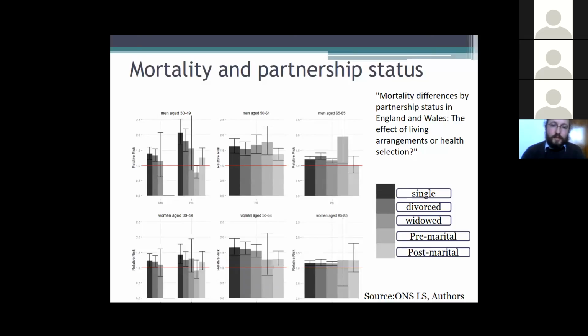This shows that there's some kind of protection effect given by partnership status. And the fact that the premarital cohabitants in the youngest age groups show a lower or similar risk than the married group shows that there's sort of a health selection into partnership status.